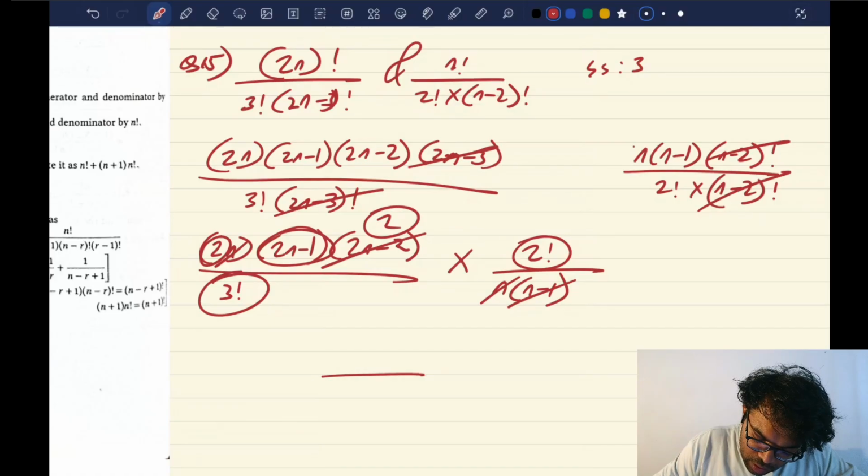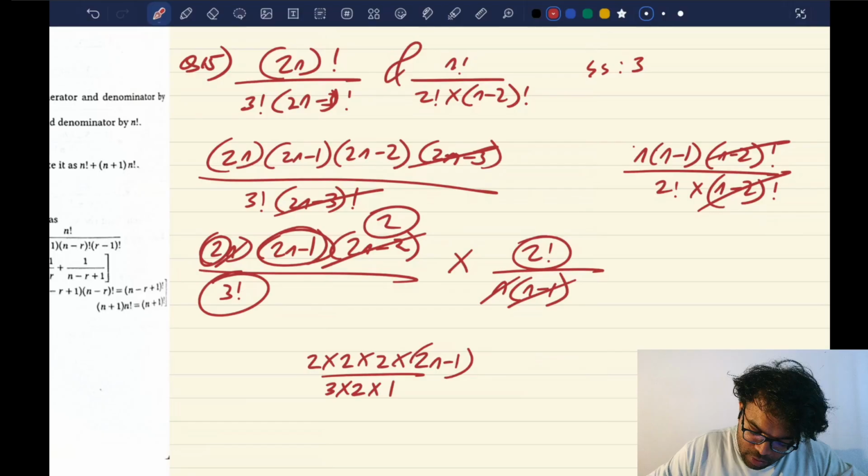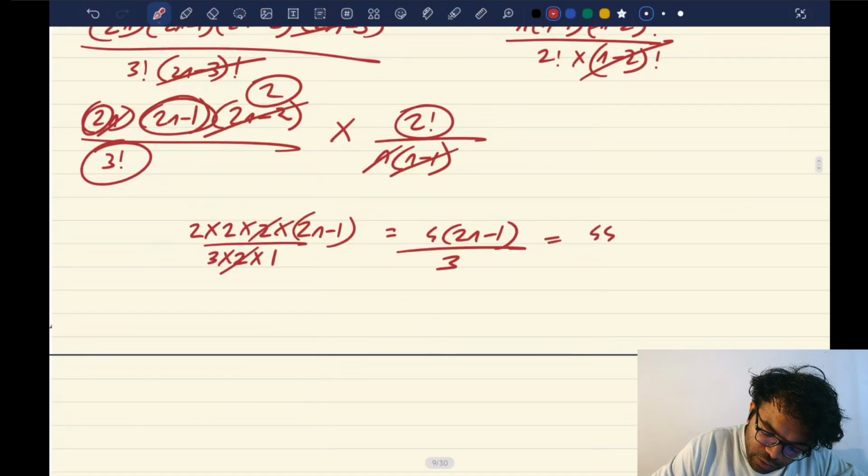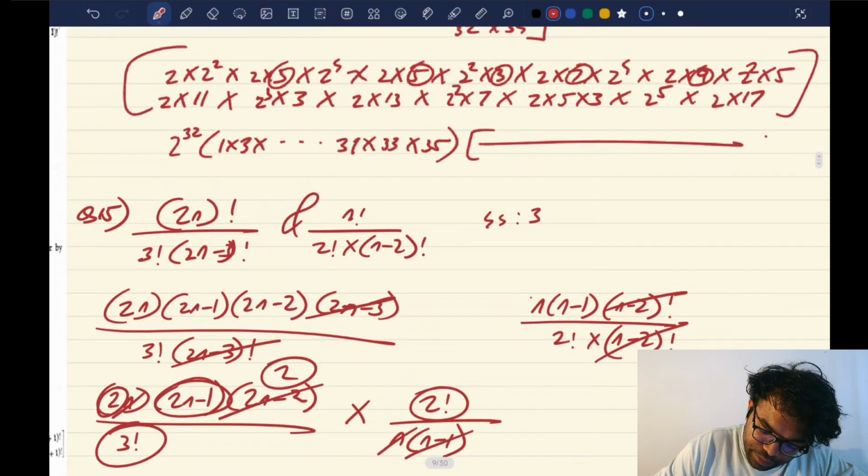Okay, so 3 factorial can be written as 3 into 2 into 1. This will be 2 into 2 into 2 into 2n minus 1. So this and this get cut off. So 4 into 2n minus 1 upon 3 is equal to 44 upon 3.